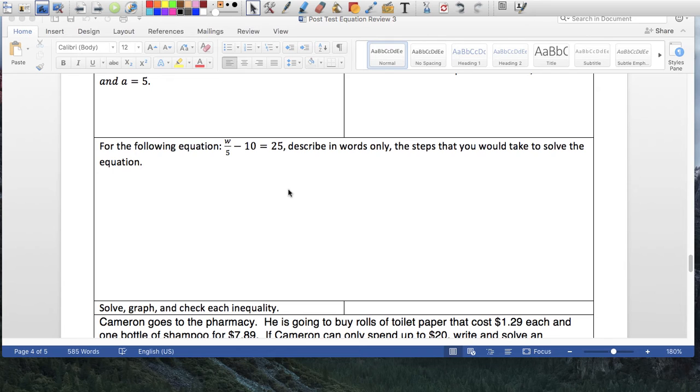Yes. So for the following equation, w divided by 5 minus 10 equals 25, I want you to describe in words only the steps you would take to solve the equation. So this is how I would do it.